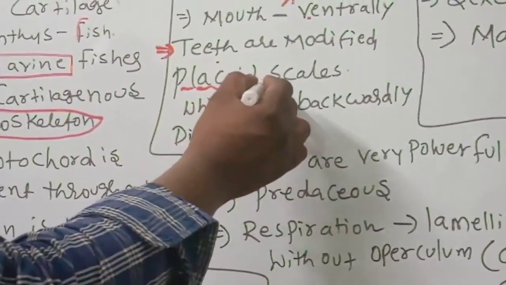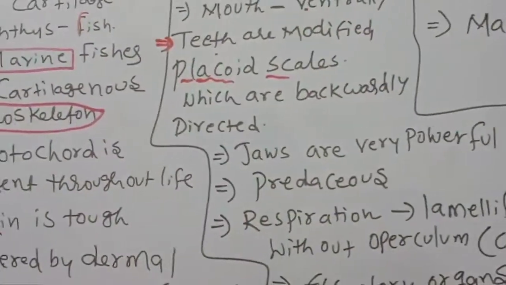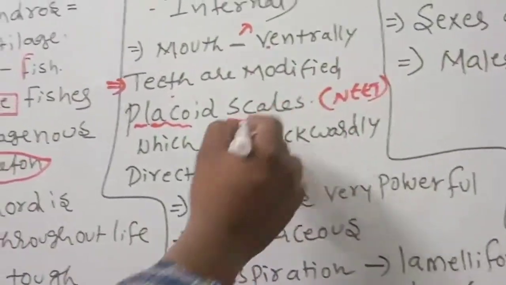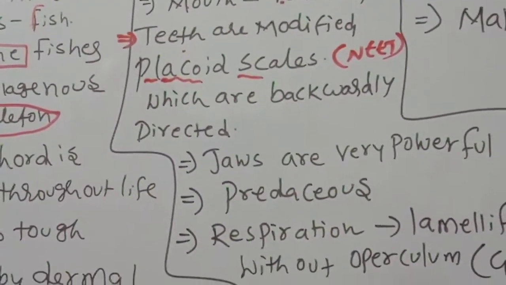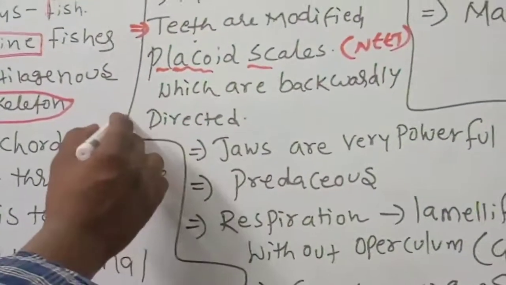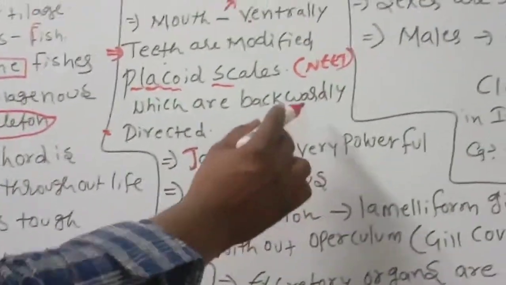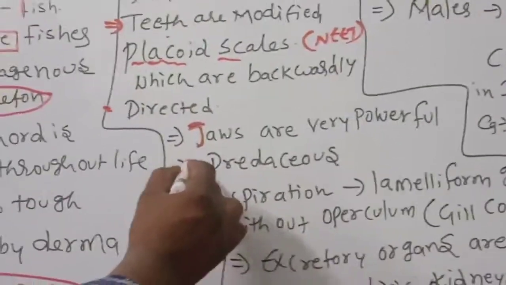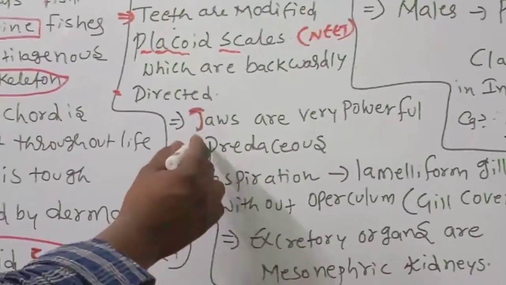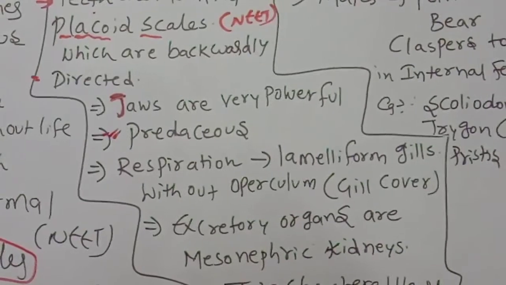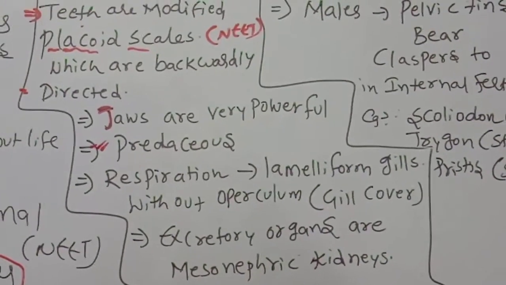Teeth are nothing but modified placoid scales, which are backwardly directed. This is also a neat bit. They have very powerful jaws. That's why they are called predaceous, meaning they kill the prey and eat it.